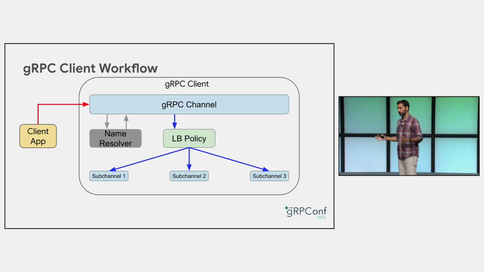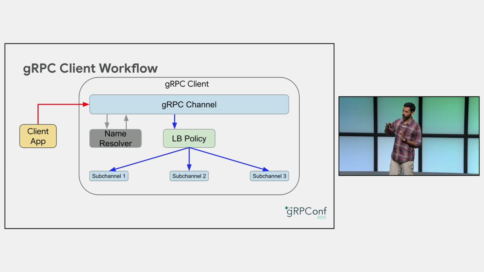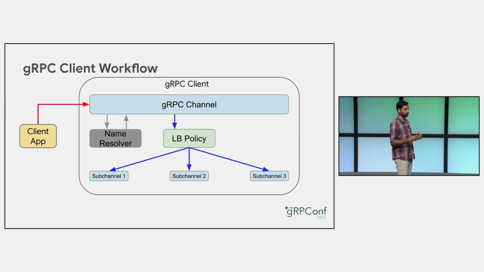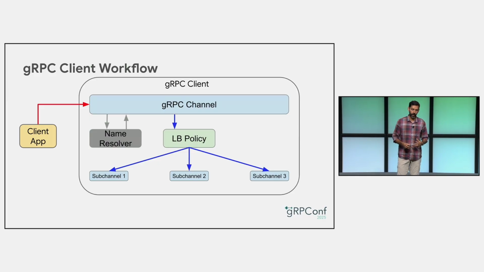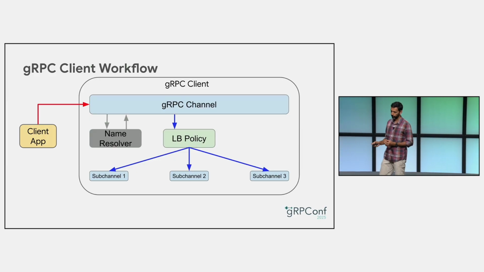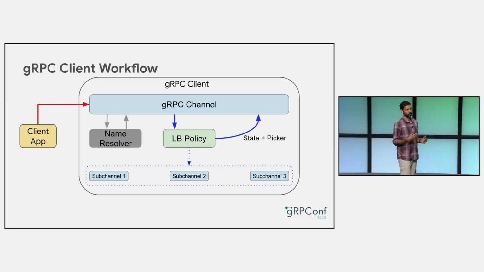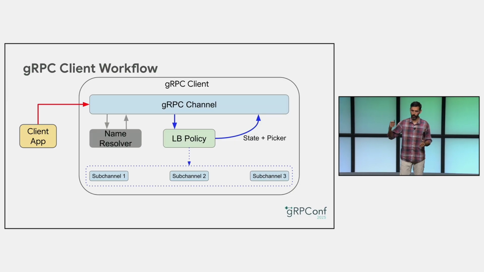Now a subchannel is an actual connection to a backend address, and LB policies decide when they want to create subchannels, and they can also monitor the connectivity state of these subchannels. Based on the connectivity state of the subchannels, the LB policy sends an update to the gRPC channel.